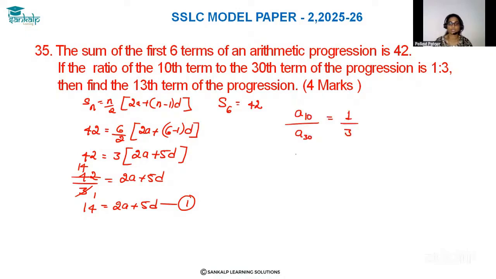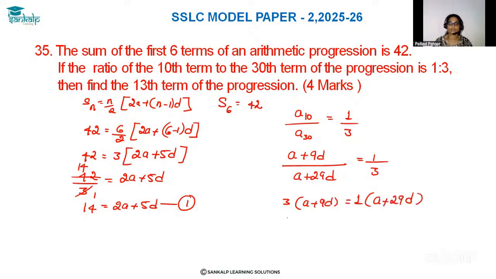The 10th term in terms of a and d: (a plus 9d) divided by (a plus 29d) is equal to 1/3. Now let us cross multiply this ratio: 3 into (a plus 9d) is equal to 1 into (a plus 29d).